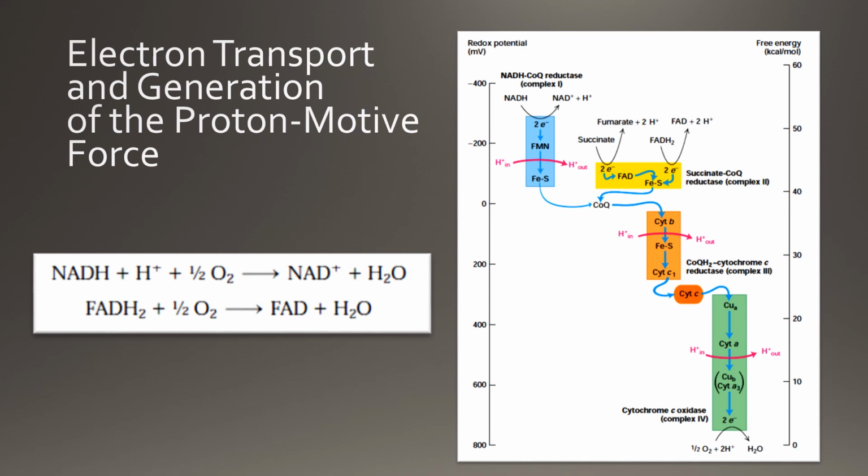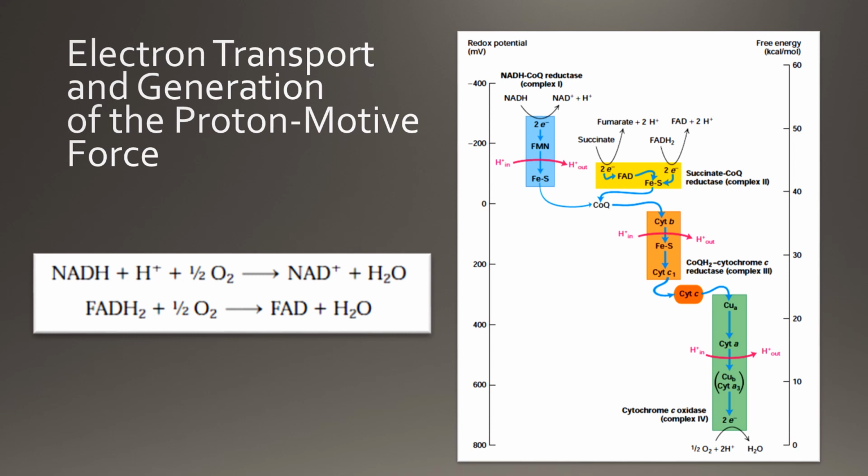So recall that the conversion of one glucose molecule to CO2 via the glycolytic pathway and citric acid cycle yields 10 NADH and 2 FADH2 molecules. So oxidation of these reduced coenzymes has a total delta G of minus 613 kilocalories per mole.